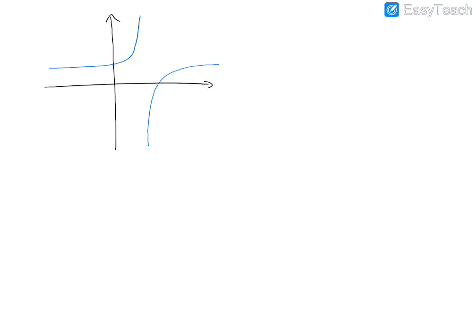And here, this part of the curve is the graph of the function f of x equals x minus 3 over x minus 2. Here, this function goes to infinity when x approaches 2 because 2 makes the denominator 0, so 2 is not in the domain. So x equals 2 is the vertical asymptote.